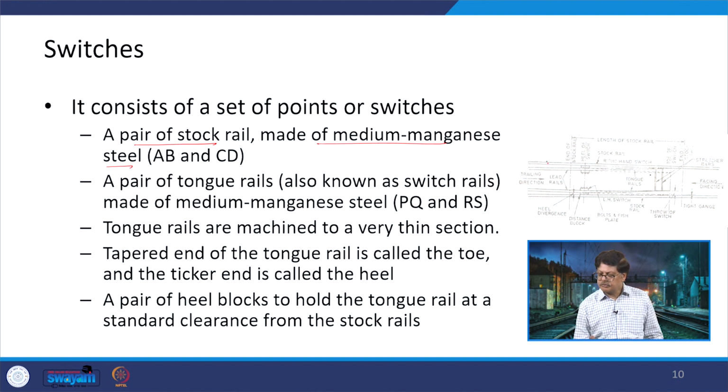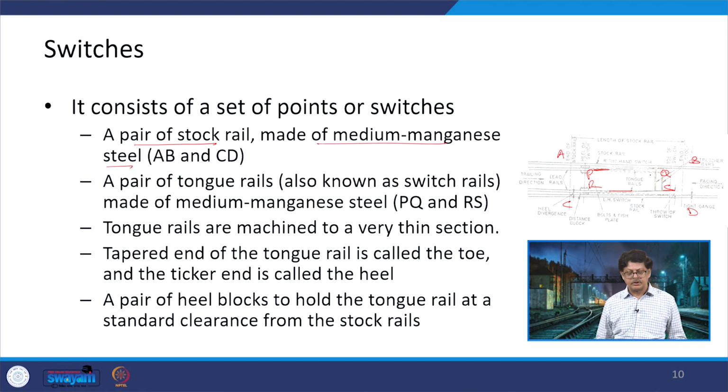So, here I can mark them: this is A, B or C, D. The pair of tongue rails, which are also known as switch rails, are made of medium manganese steel, PQ and RS. The tongue rails are provided here inside. They are smaller in size as compared to the stock rails.